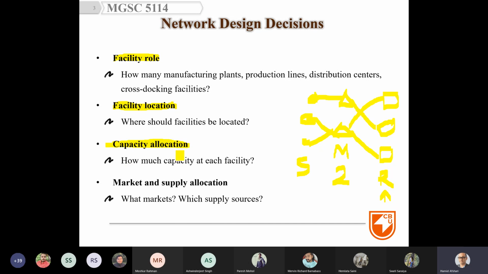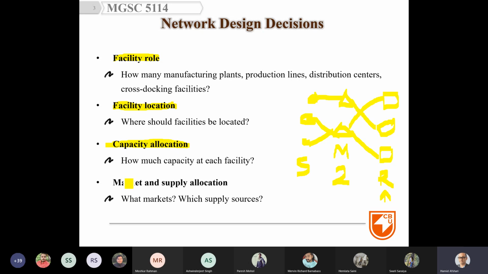This is also a very important decision, because if we design a facility, establish it, and later notice that it is not large enough, we are wasting our time and money. So capacity allocation is very important.